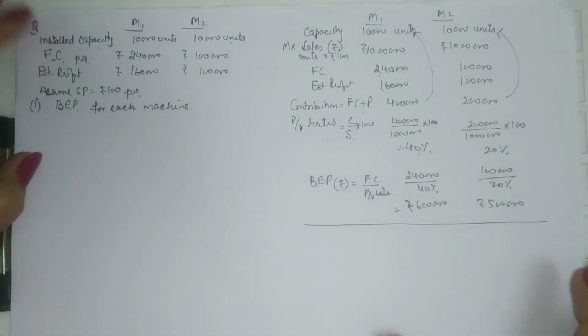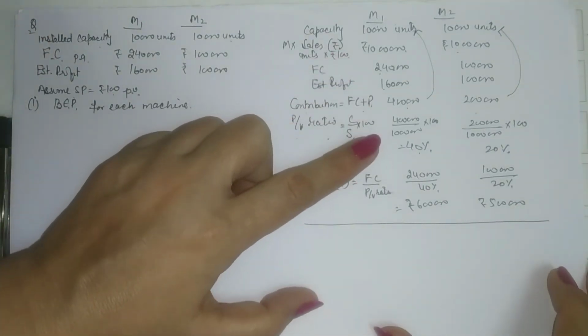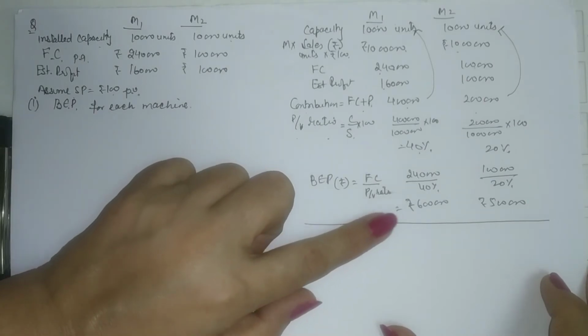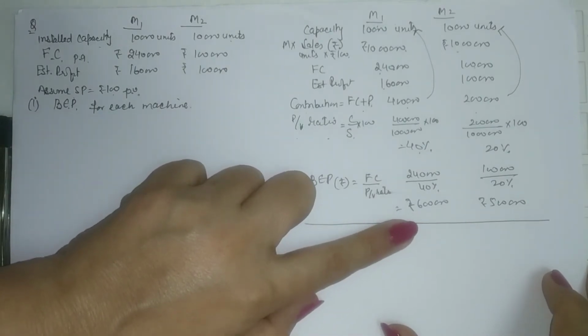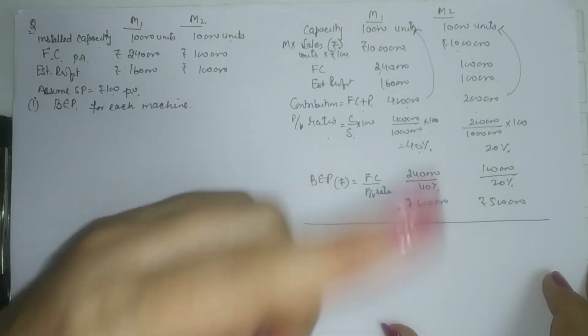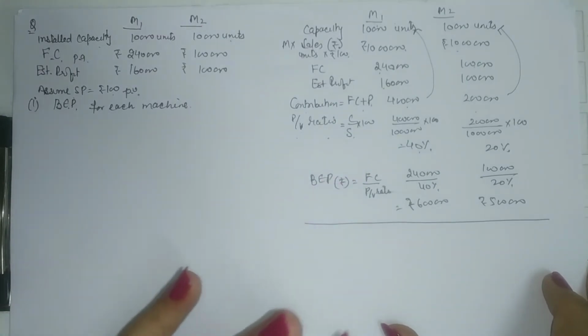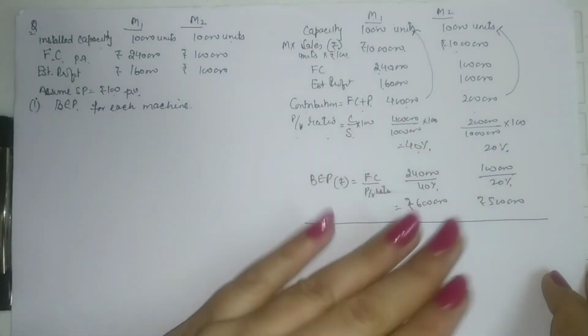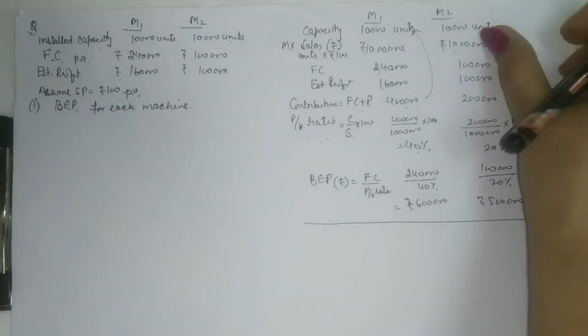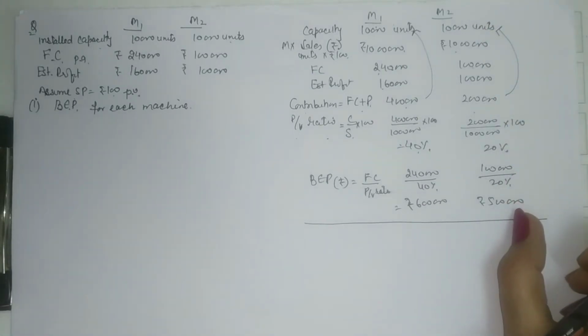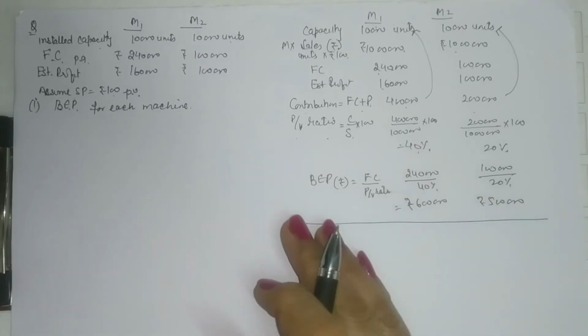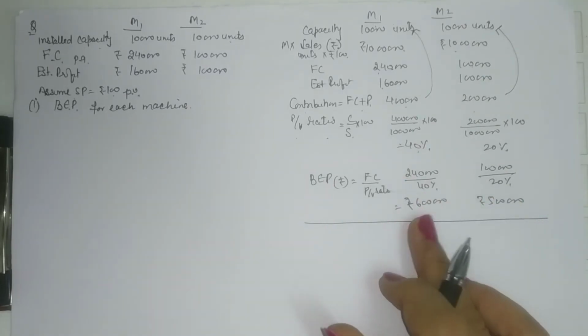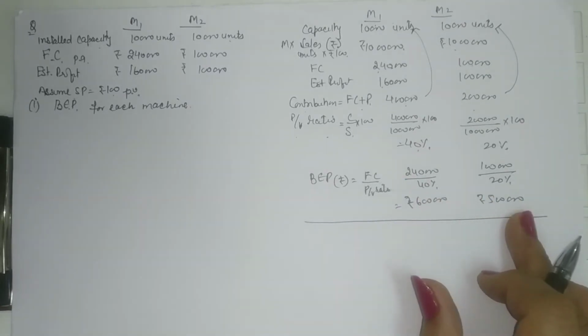It means that in case of method 1, if you choose machine 1, your break-even point is 6 lakh. That is, if you go beyond 6 lakh, only then will you be making profit. But below 6 lakh, you are going to have loss. But this method is having a lower break-even point, which means that it is going to give you profit after 5 lakh rupees of activity is reached. So if your sales activity is below 6 lakh, then this method will give you some profit.